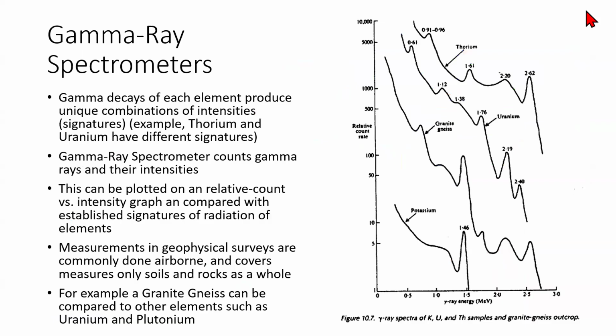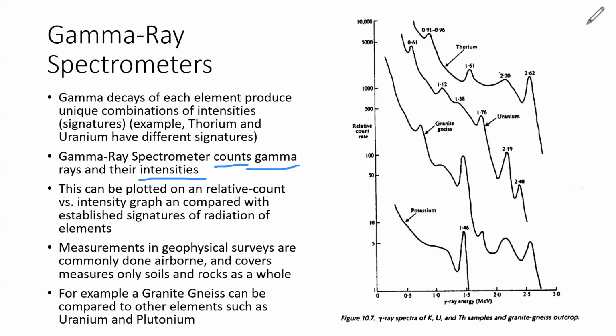You also have your gamma ray spectrometers. The keyword here is spectrometer, so it actually reads the different intensities of your radiation, and also counts your radioactive particles or radioactive rays. So it counts their abundance and their corresponding intensities.